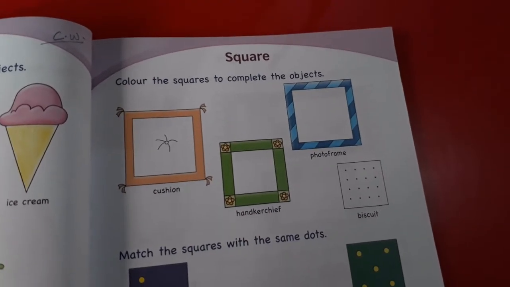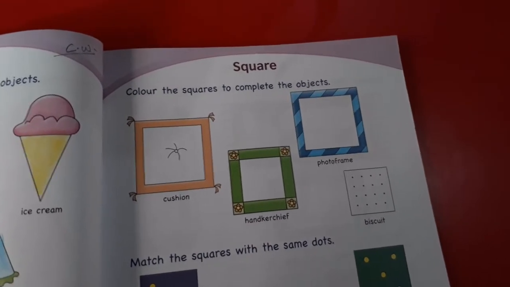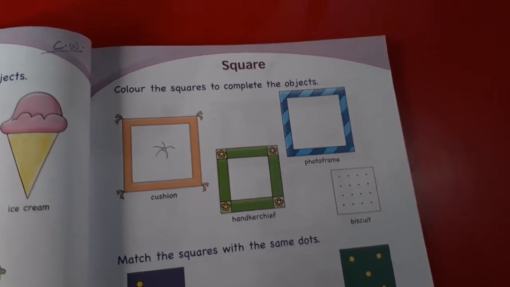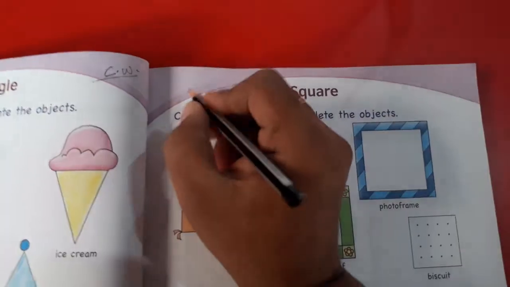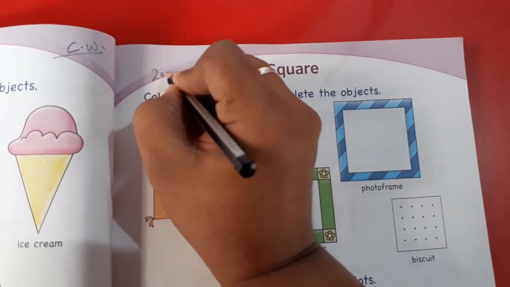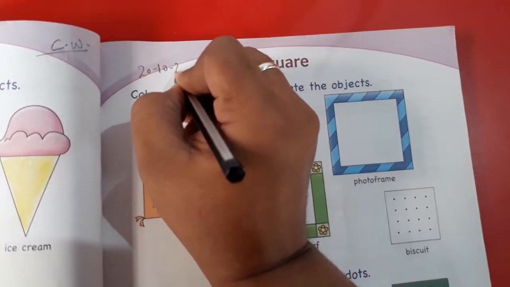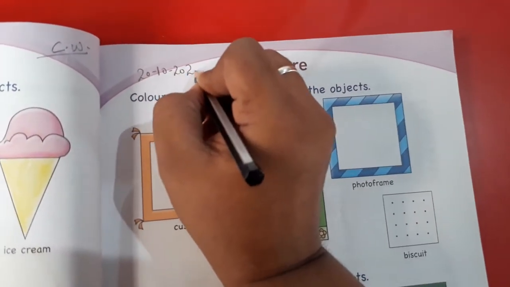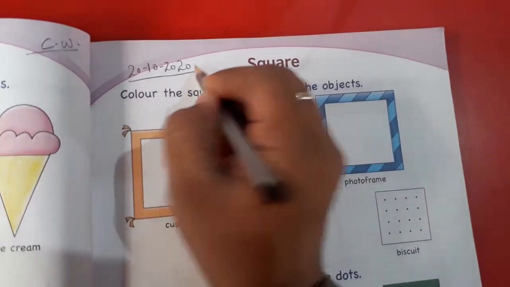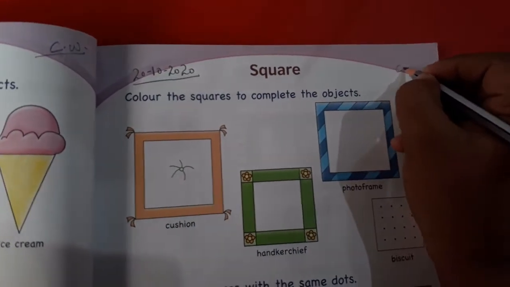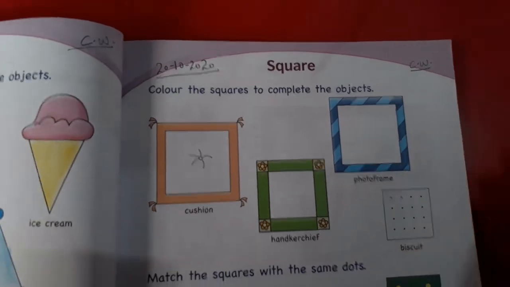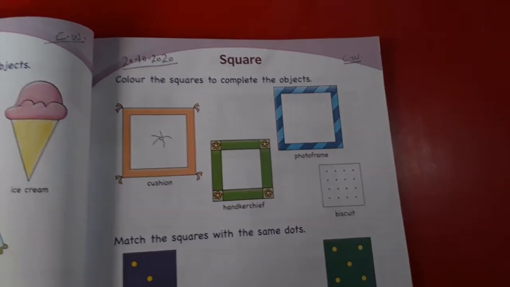We are going to do our work in book now. So first we are going to write today's date. What is that? 20th October 2020. So this is our today's date, and this book work is your classwork. So you will write CW here. Understood?